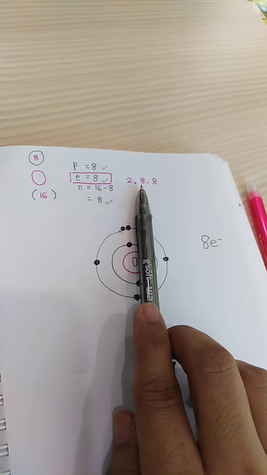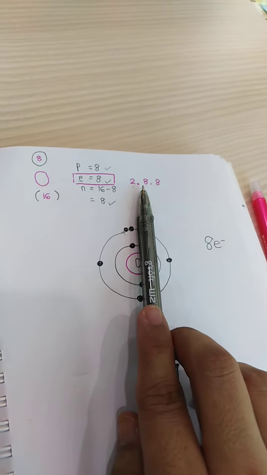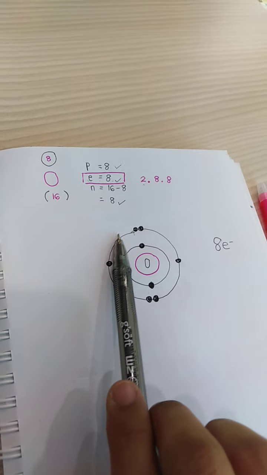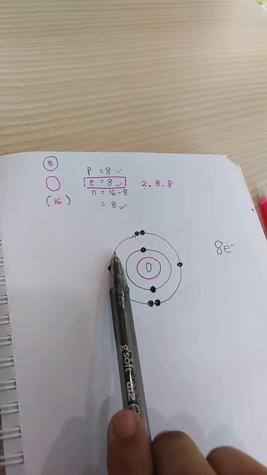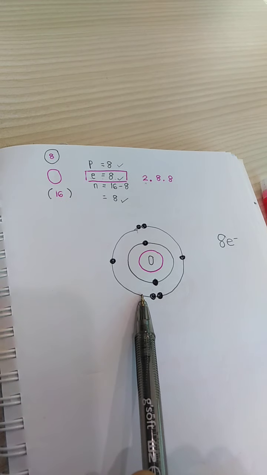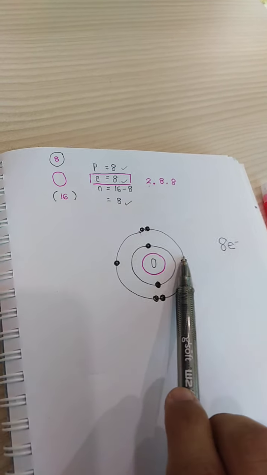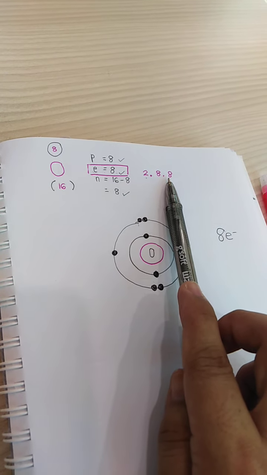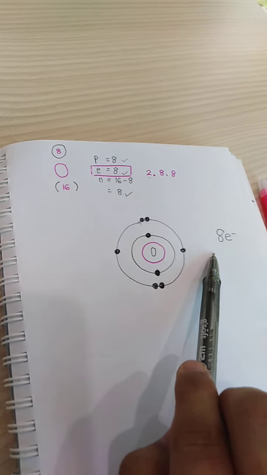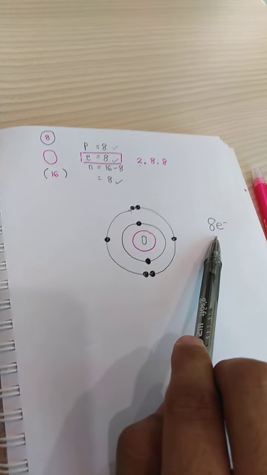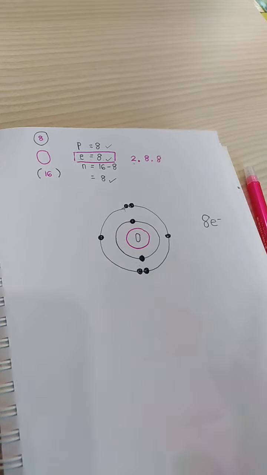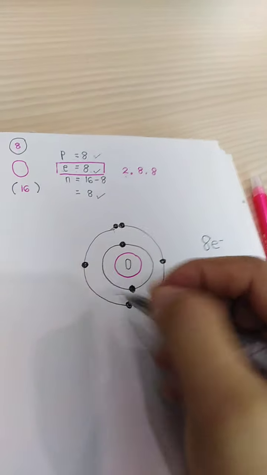As long as it is less than 8 or equal to 8, you can still draw inside the second electron shell. So in this case, for oxygen, we don't need to draw the third electron shell because I have only 8 electrons overall. So let me label for you.